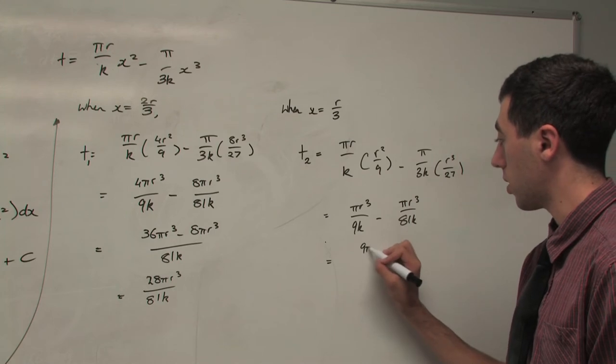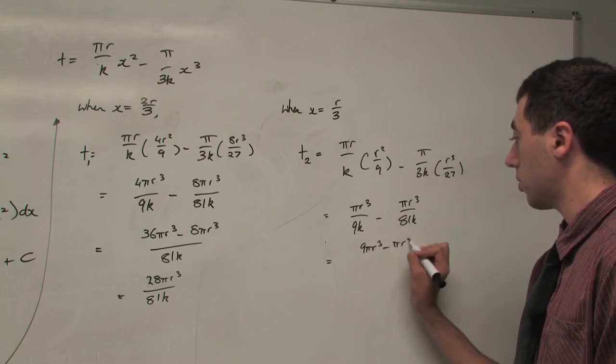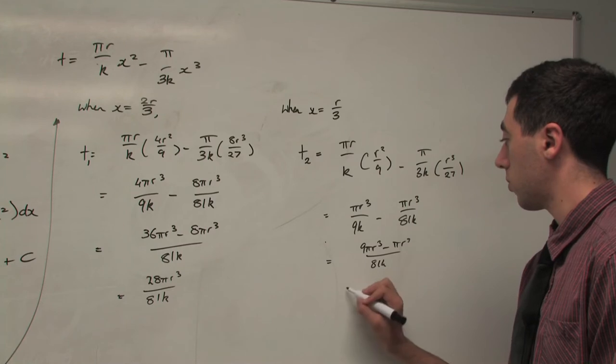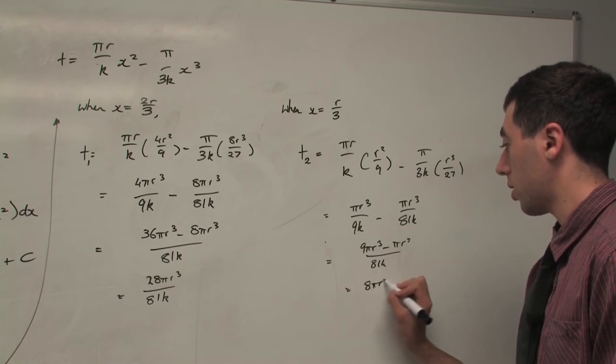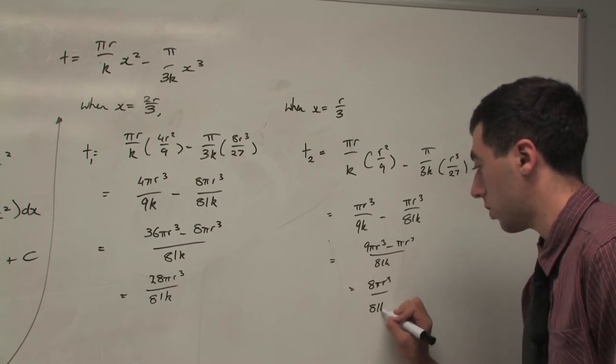So 9 pi r cubed minus pi r cubed over 81k, which equals 8 pi r cubed over 81k.